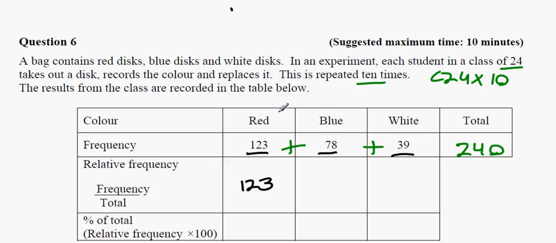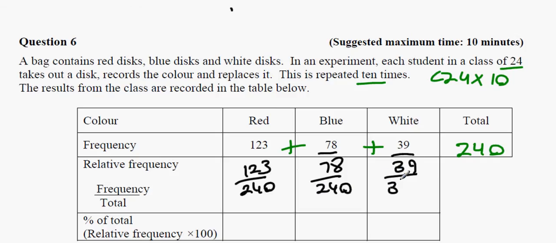So what we've got to do next is get the relative frequency. You're looking to do 123 over 240. The next one is 78 over 240. And the next one is 39 over 240. Now check all of them in your calculator. Just make sure they're in the lowest fraction possible. This is 41 out of 80 when you change it.